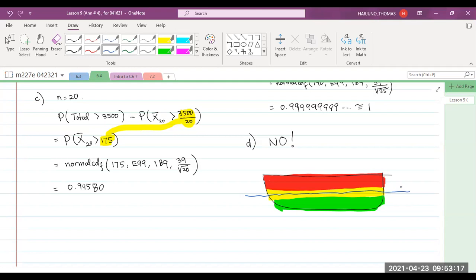It is safe for now, but if we have some big wave, it may not be that safe anymore. But once it is already over capacity, then the boat will go deeper into the water and it will show only red. So they may want to consider coloring the boat this way.